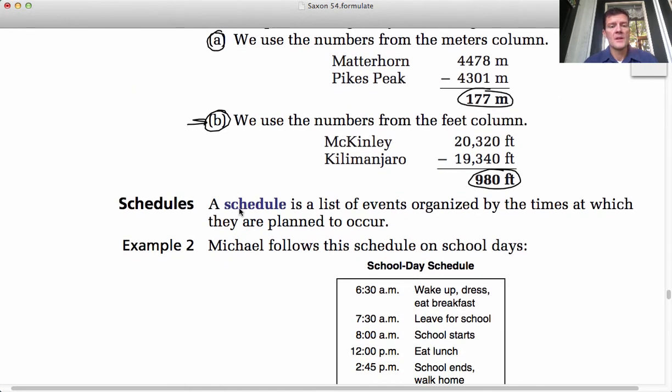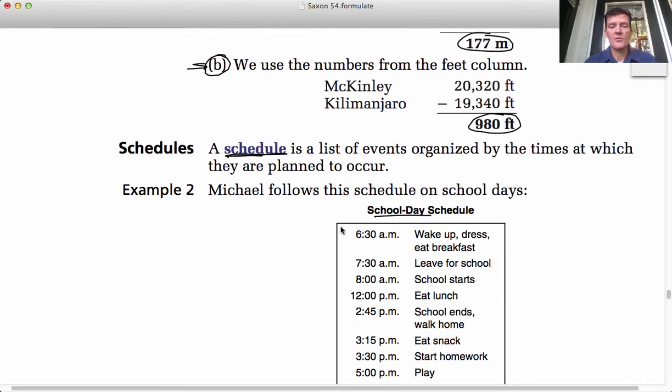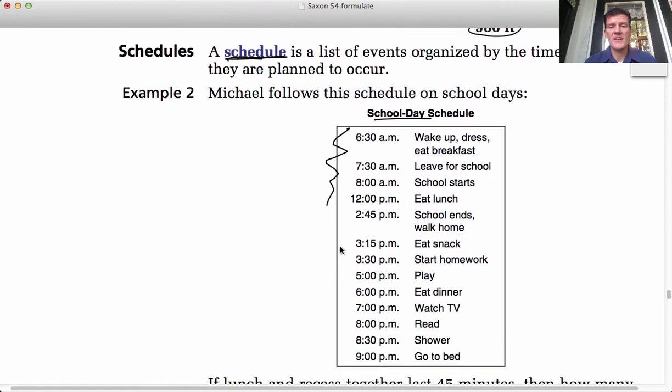Okay, this time we're looking at values, numbers, and information that has to do with a schedule. We're looking at the school day schedule, and it shows you what is happening for the day. There are times: 6:30, 7:30, 8, 12, 2:45 p.m., etc. We're looking at those times and trying to figure out what's happening throughout the day.